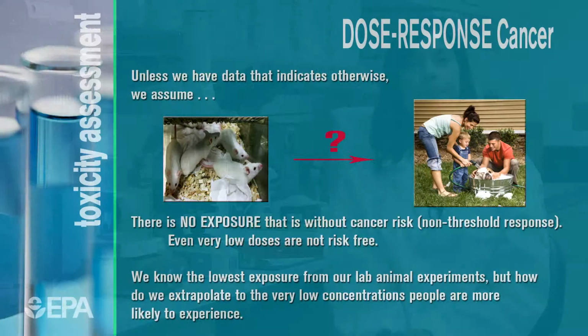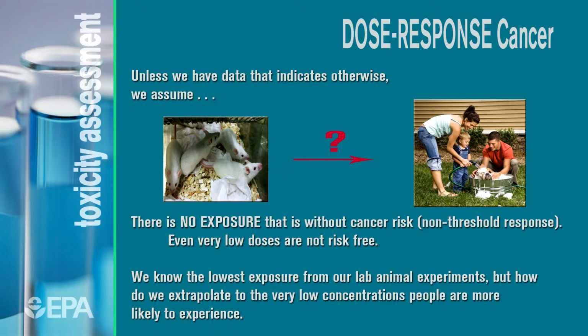We will transition now to talk a little bit about dose response for carcinogens. We're coming to understand that some cancer-causing agents have a threshold like non-cancer agents. However, unless we have data to support this, we usually evaluate dose response of cancer-causing agents as though any dose, no matter how small, carries a risk that a cancer will develop at some point in the future.